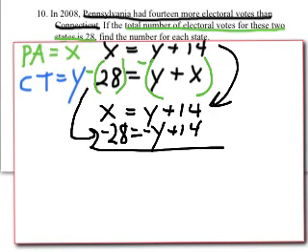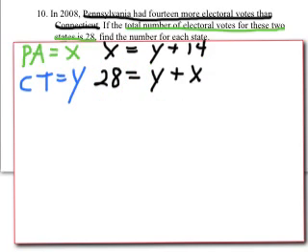Okay, so the elimination process, I add them together. Both sides of the equation are equal, so adding a negative 28 to the x and a negative y plus 14 to the y plus, oh, that's supposed to be negative, whoopsie. Alright, I'm just going to do that again.